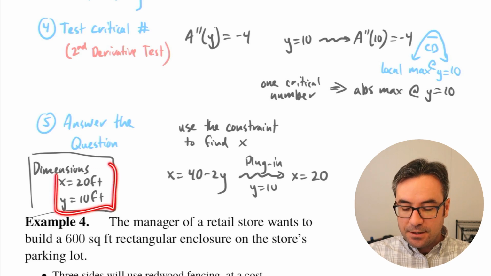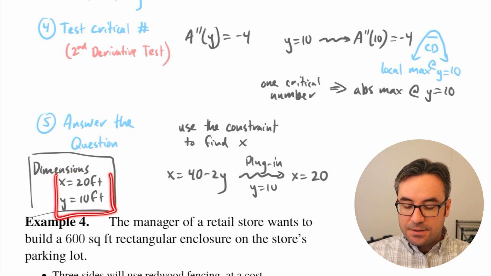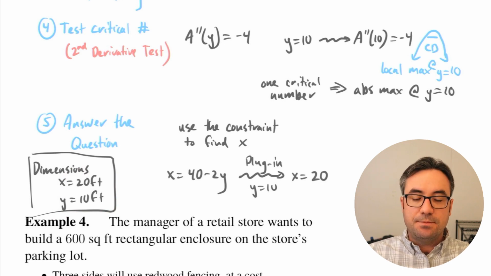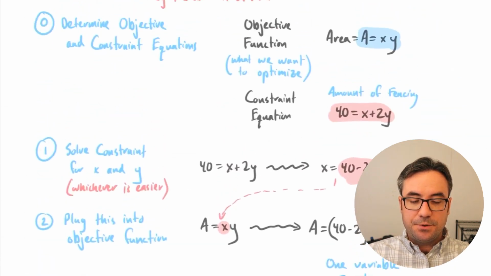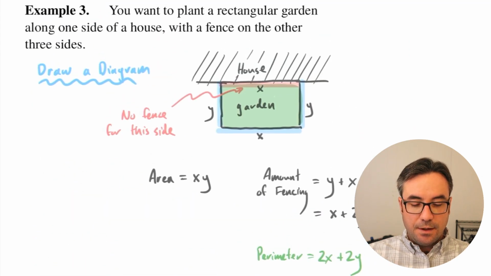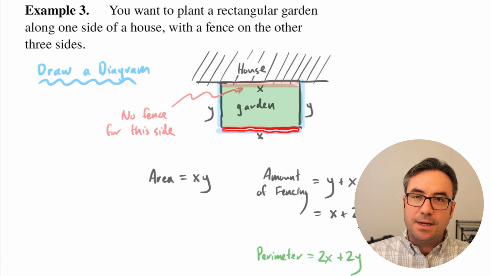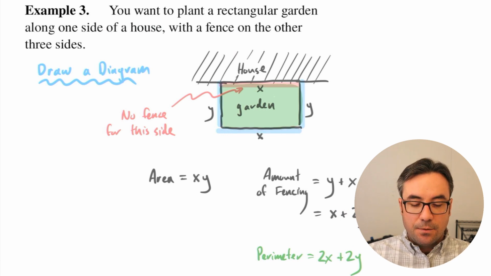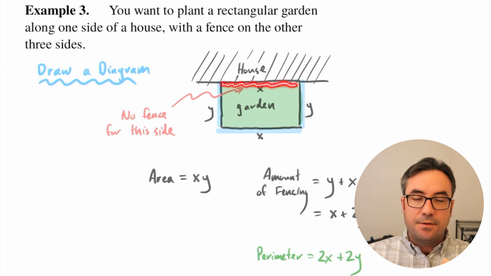Now, just as a little aside, this answer should seem plausible, because if we go up to our diagram, x is the longer side. Why is x the longer side? Well, that makes sense because that's the one side that we didn't need to fence because our house was already there.